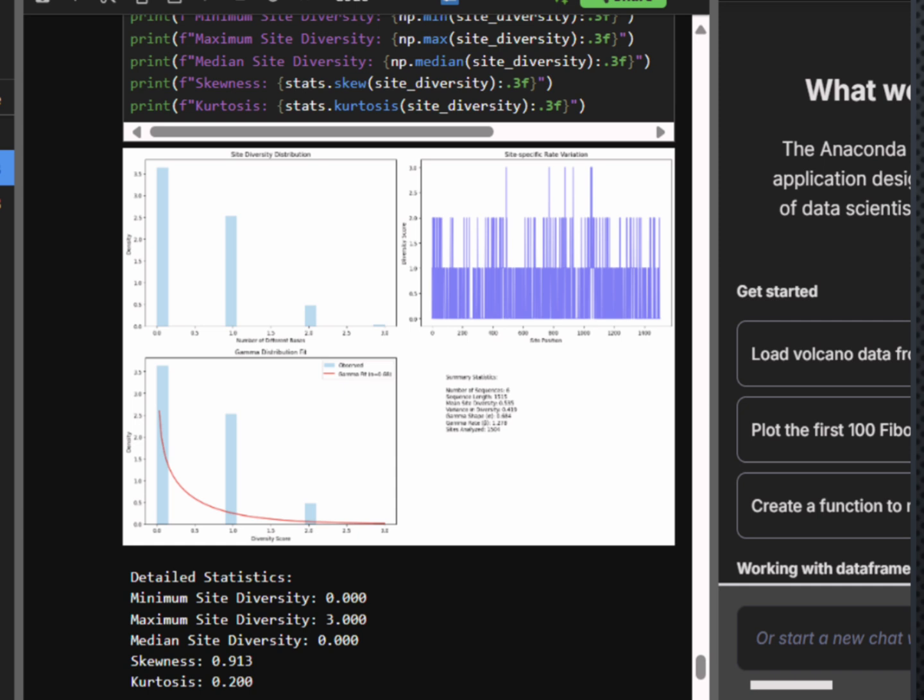This is all kind of based on how they evolve, based on evolution. As you can see, the shape of the parameter of the gamma distribution means that a small parameter could suggest that certain regions of that sequence are under more selective pressure, or constrained, that is.